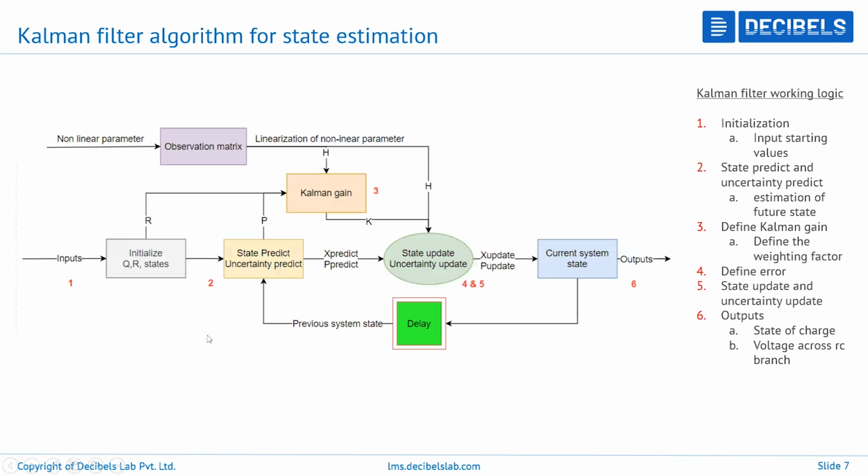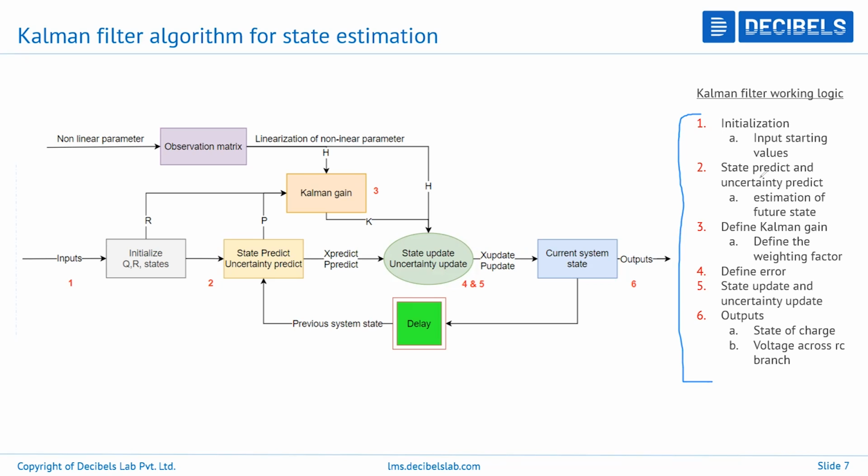So that is your Kalman filter algorithm for state estimation. First we'll have an overview of how exactly the Kalman filter goes for state estimation. Then we'll try to understand how parameter estimation is done. Here on the right-hand side, you can see the complete steps, or the flow of the process, of how the Kalman filter will start.